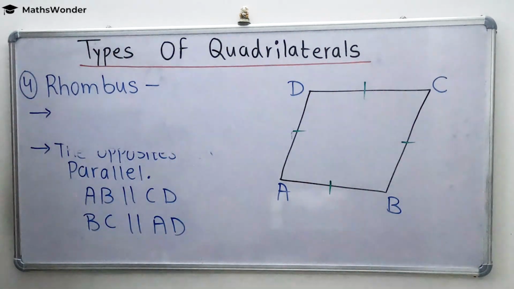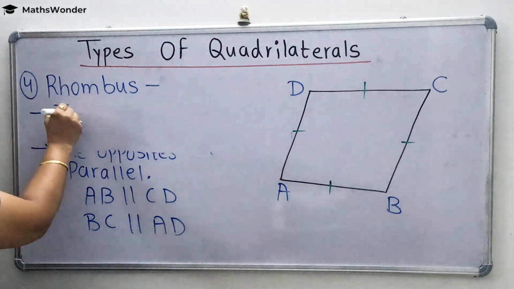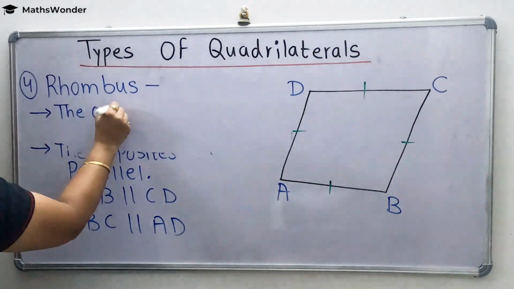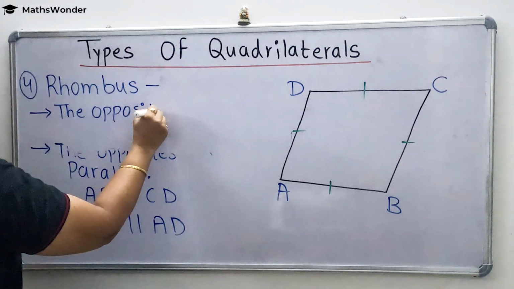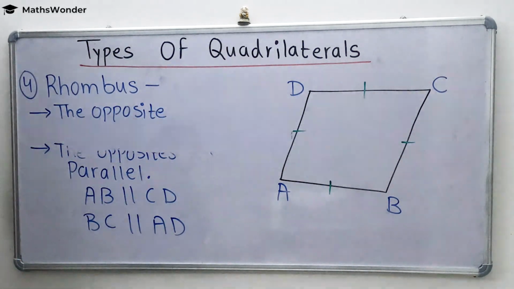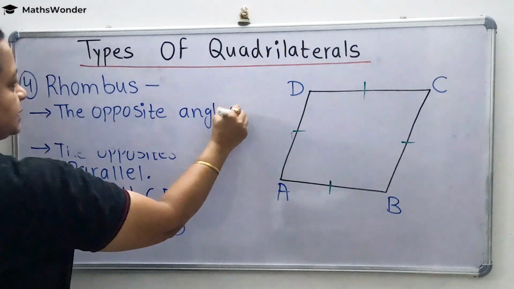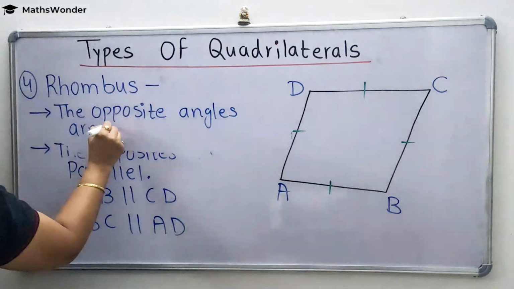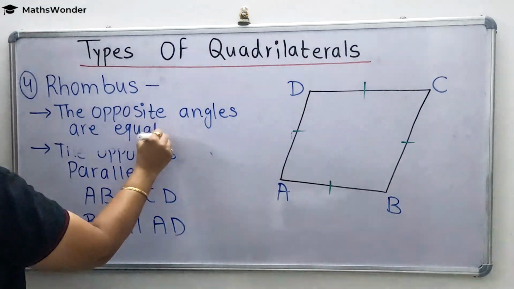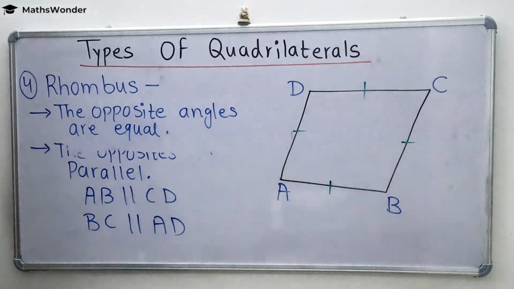Now the third property of rhombus is the opposite angles of the rhombus are equal. How? Where are the opposite angles?